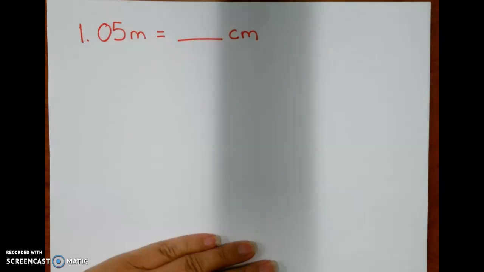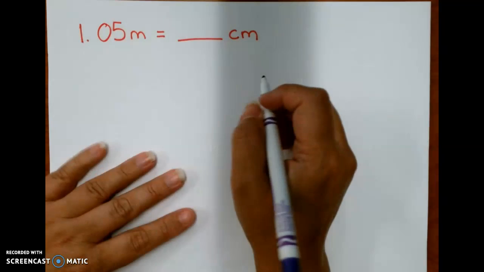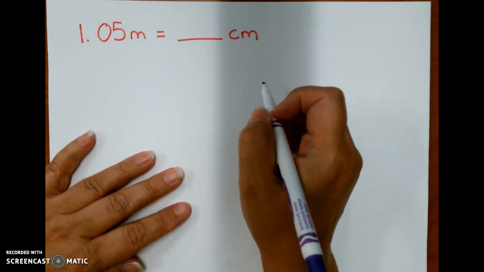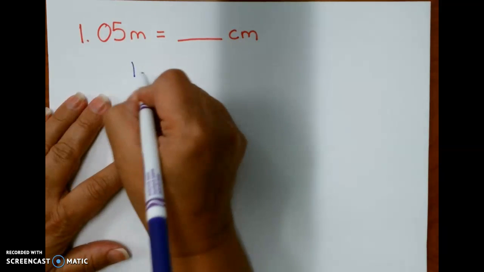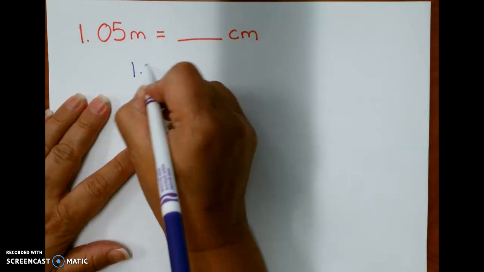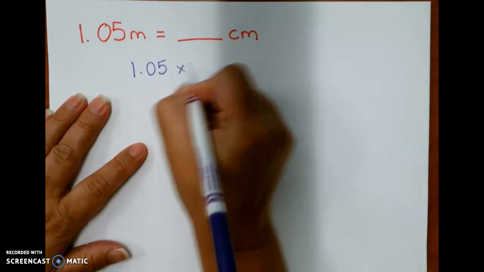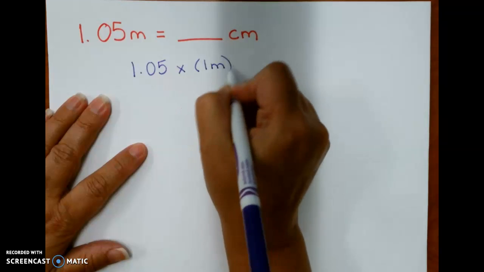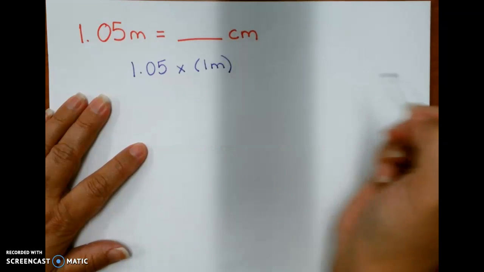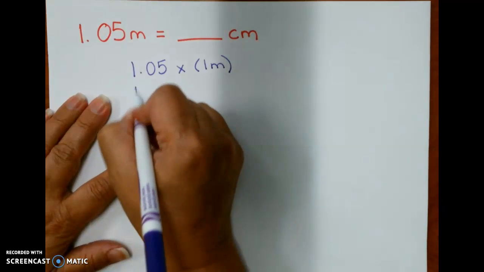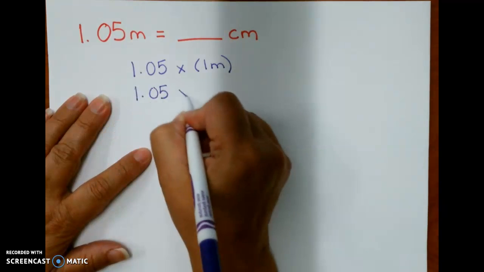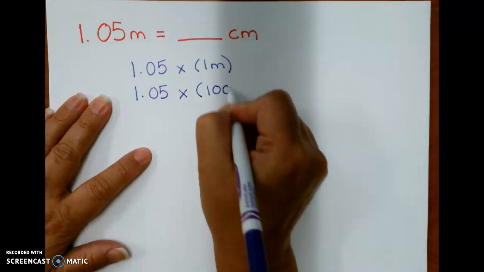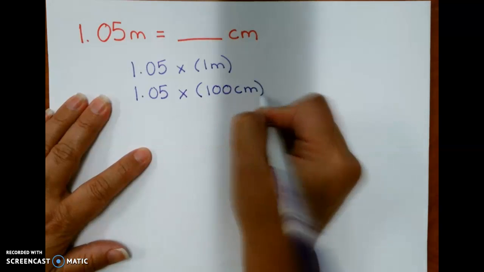Now, this one is going to be a little trickier. We have 1 and 5/100 meters, and we want to turn it into centimeters. So again, if I rename this as a multiplication sentence, I have 1 and 5/100 times 1 meter. How many centimeters are in a meter? There's 100 centimeters in a meter.